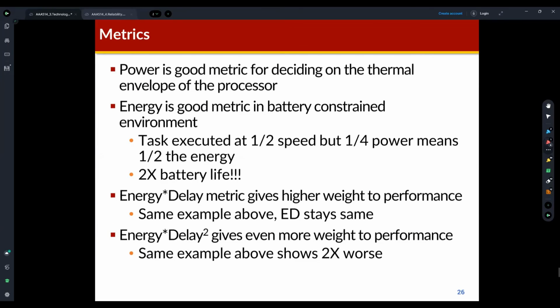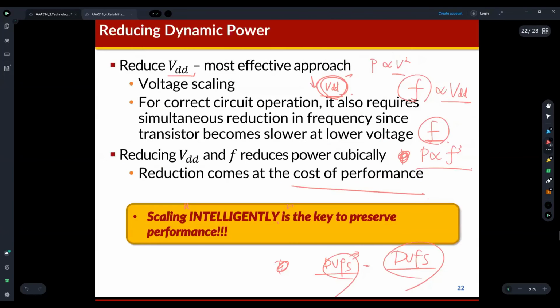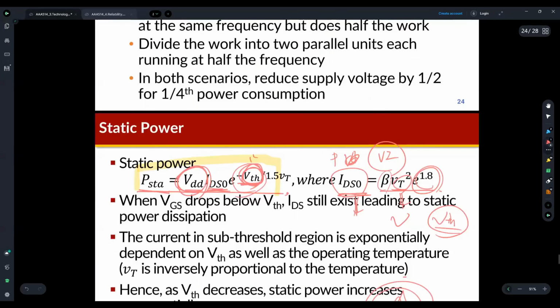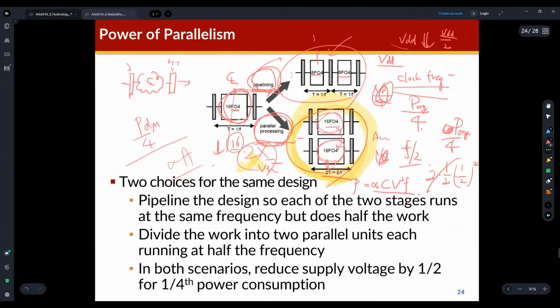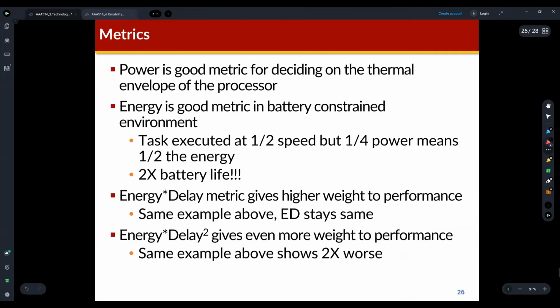So I explained static power and dynamic power consumption, and it is very critical for processor design. Try to understand static power and dynamic power consumption. If you include new ideas in your processor design, then you need to also consider the cost.